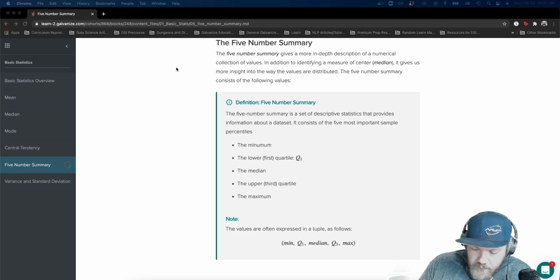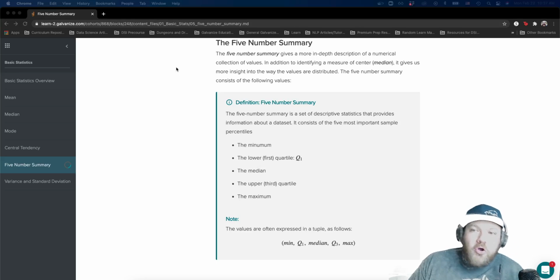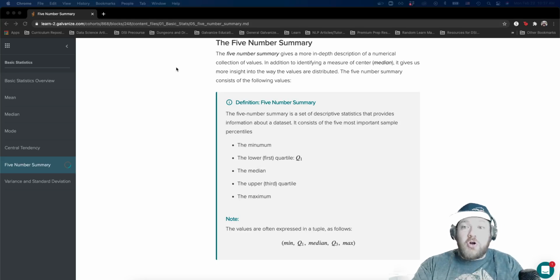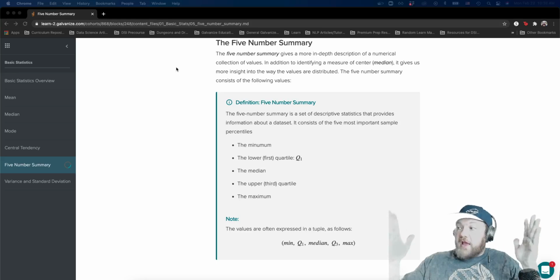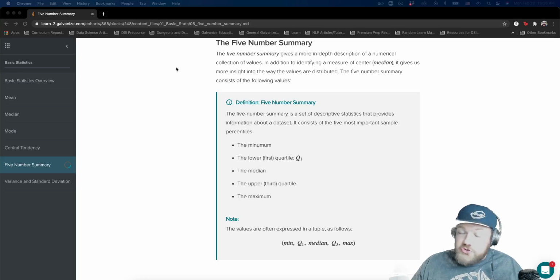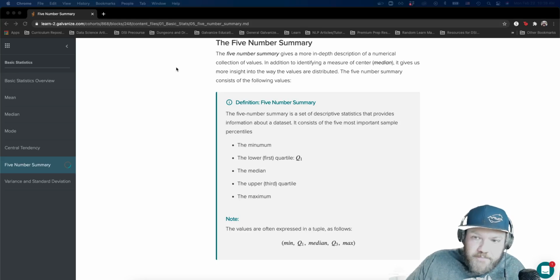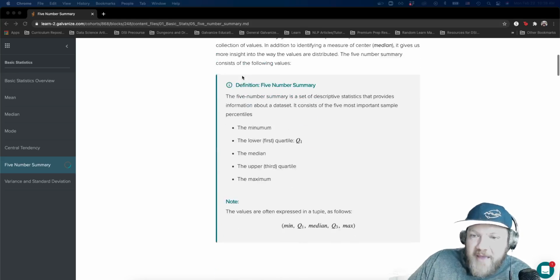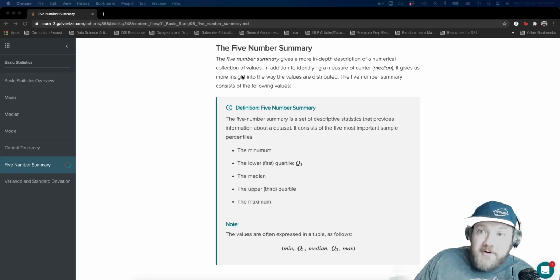But it's also helpful to understand not only where the center of a distribution or a data set is, but also how spread out that data set is, right? And what we can do to help us figure that out is we can use the 5-number summary. Now, as you could imagine, the 5-number summary consists of 5 numbers, right?